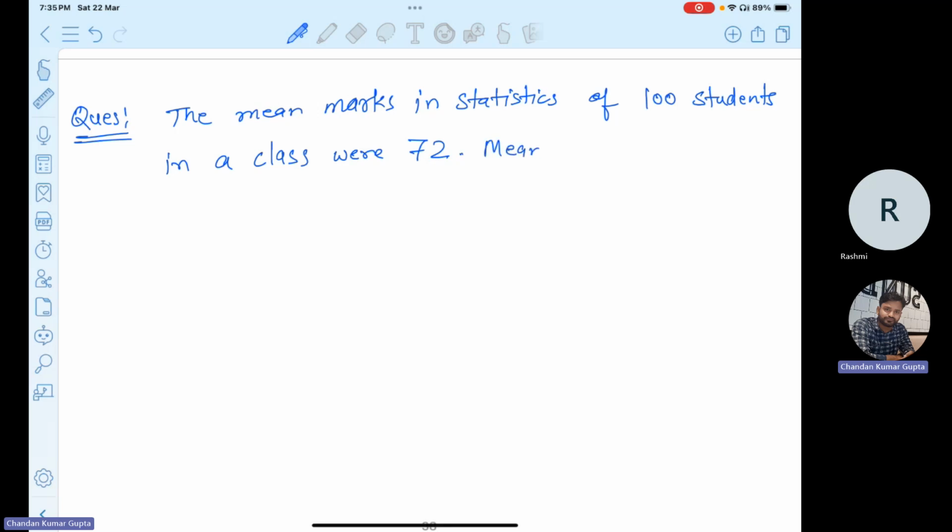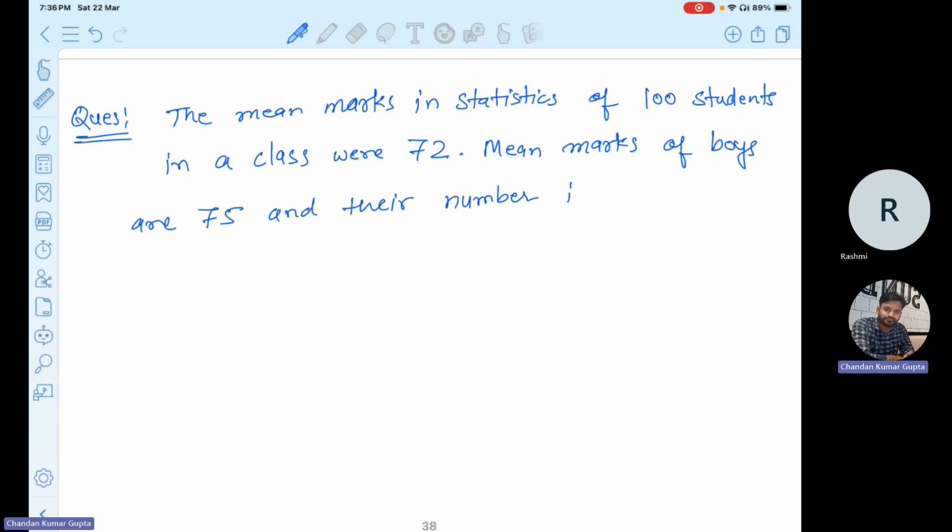Okay, now we have different questions, like questions where we are given the mean marks. The mean marks in statistics of 100 students in a class were 72. Also, the mean marks of boys are 75, and their number is 70. So find the mean marks of the girls.